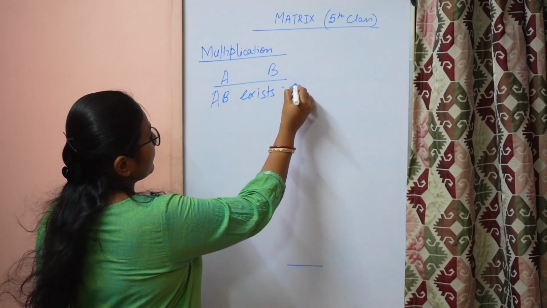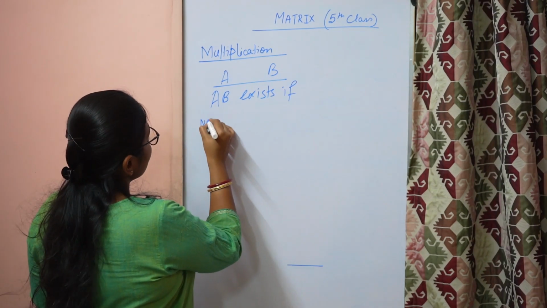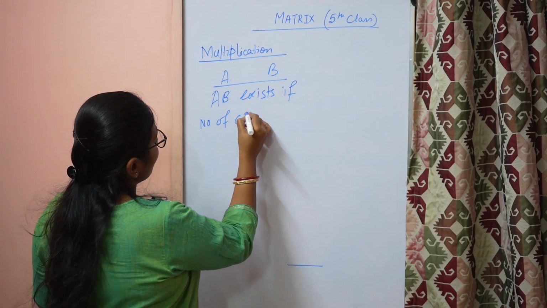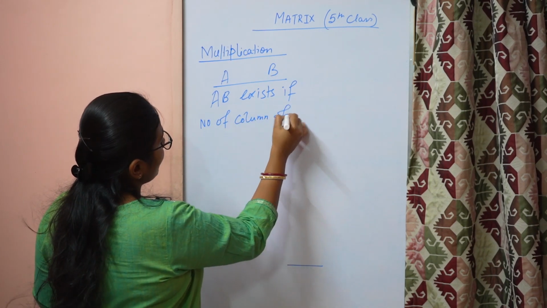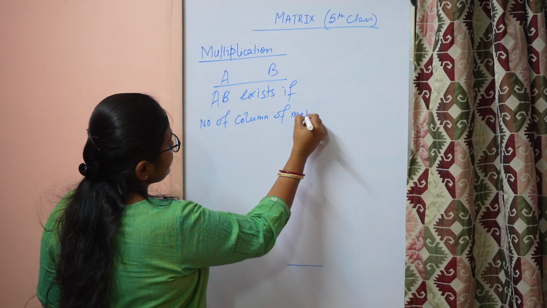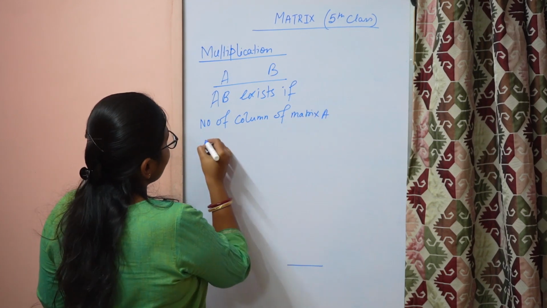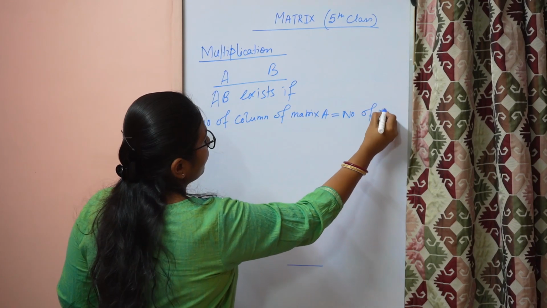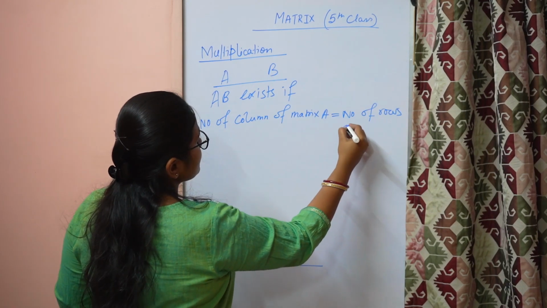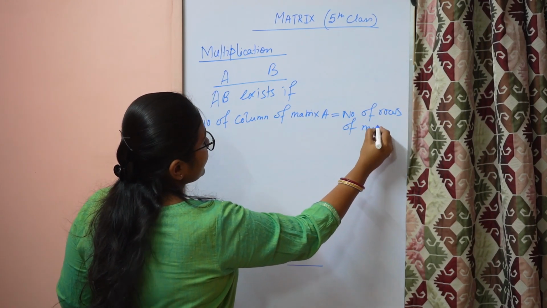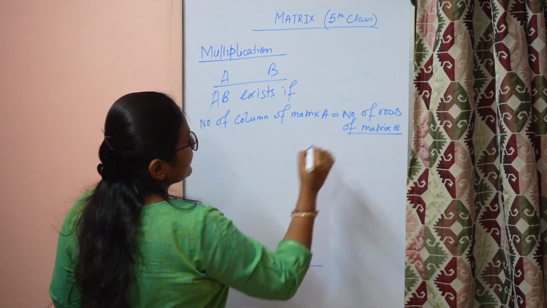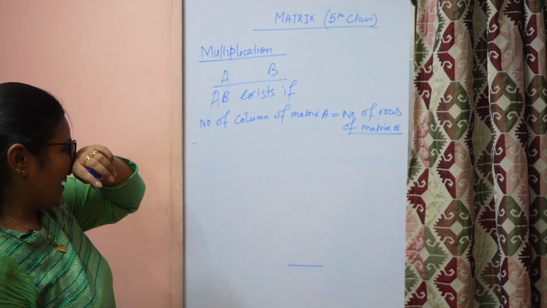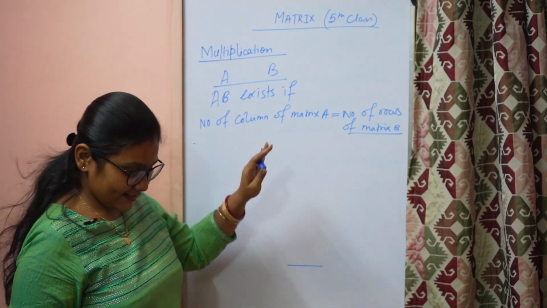If the number of columns of matrix A is equal to the number of rows of matrix B, then you can say that the product exists.